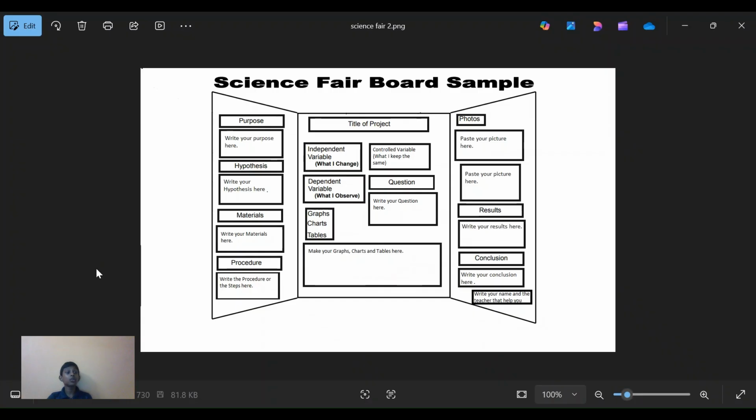The definition of photos is: photos provide visual evidence and documentation of the experiment setup, process, and results, supporting the written data with images.